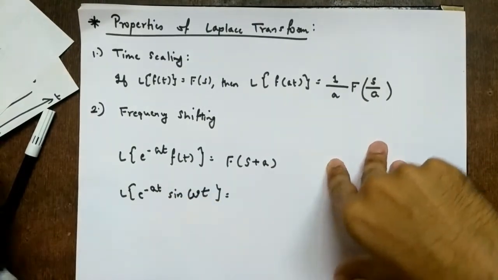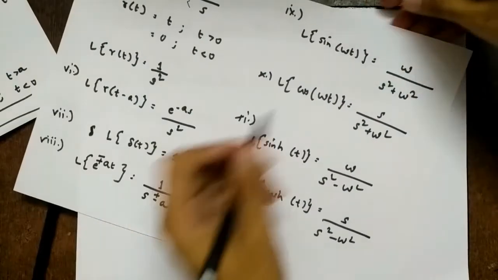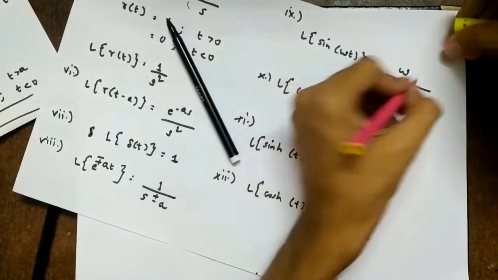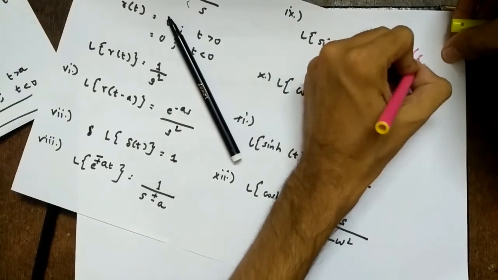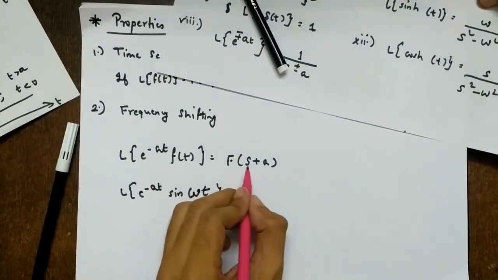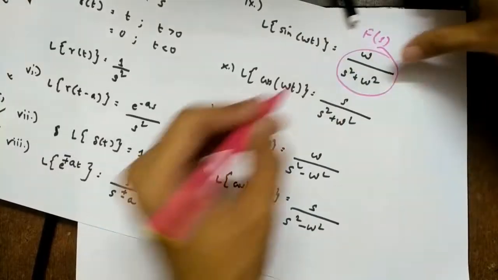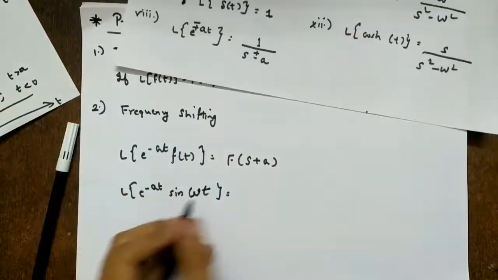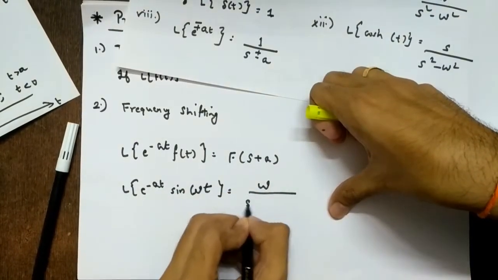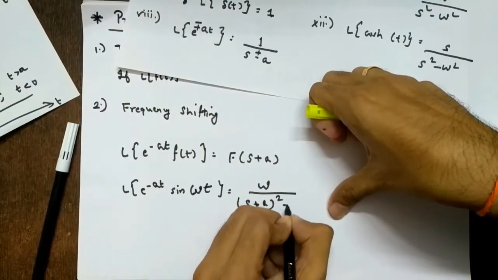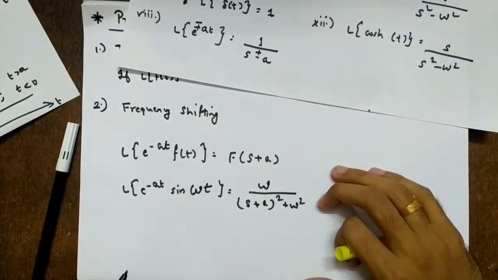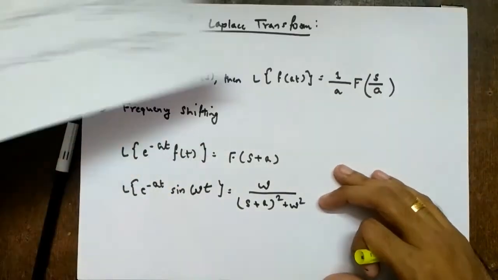What was the Laplace transform of sine omega t? It is omega upon s square plus omega square. This answer is F of s. So what does this say? Replace s by s plus a. So this will be omega upon s plus a the whole square plus omega square. Similarly, you can do it for cos and hyperbolic functions.